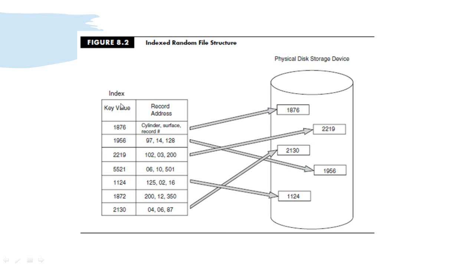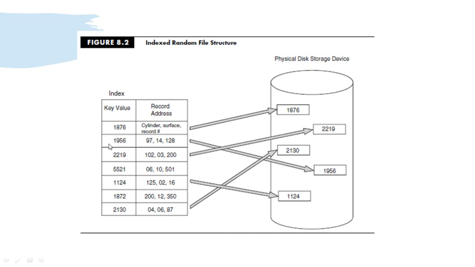This is the figure for the indexed random file structure. Here is the index and here is the physical disk storage device. The index is organized randomly. What exists in the physical disk, like here, the key value is for example 1876, and it is not sequential with the next key value, which is 1900-86.